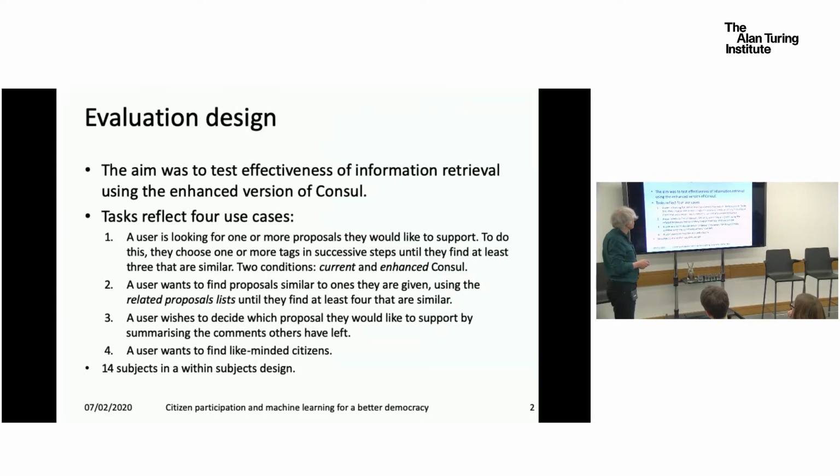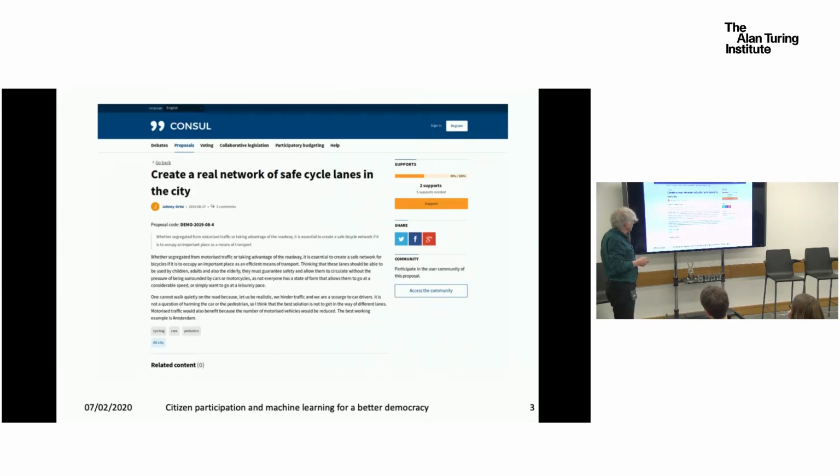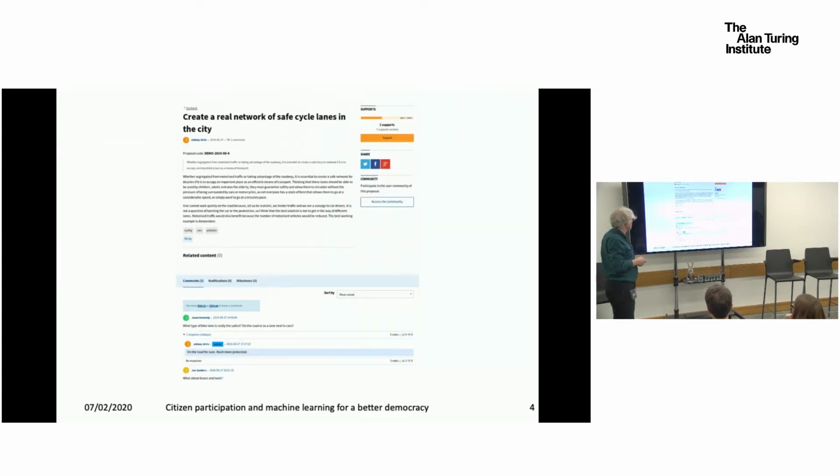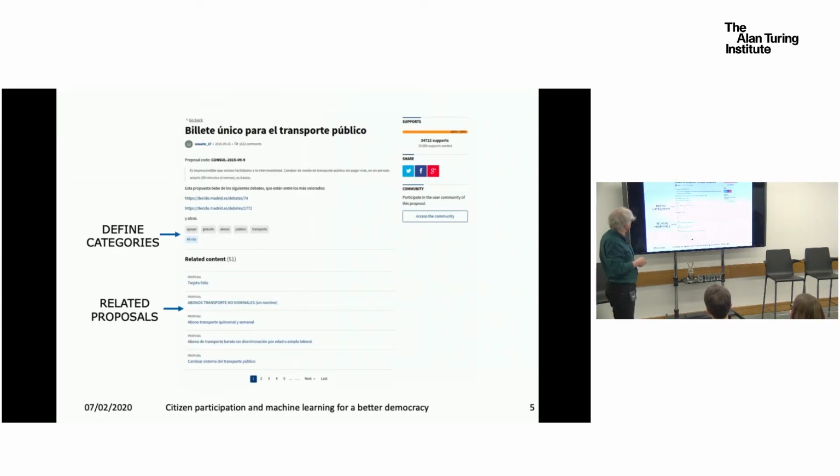So, just a reminder, here's the standard version, the current version of Consul, with tags that have been produced by the users themselves. And here's the standard version where there's a short list of related proposals. And what people will see in the enhanced version is this.